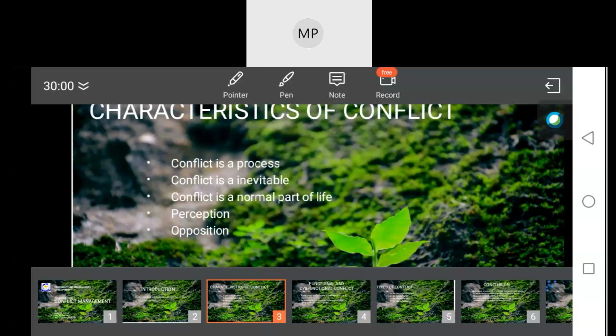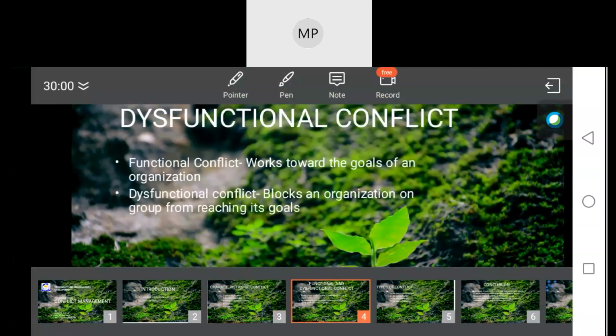Sixth point, functional and dysfunctional conflict. Functional conflict is defined as conflict that supports the goal of the group and improves the performance. It seems a bit unorthodox to think of conflict as a beneficial force in the workplace. So let's unpack this a bit.